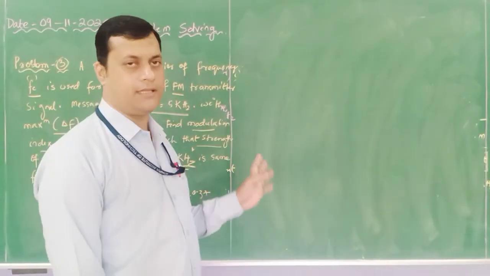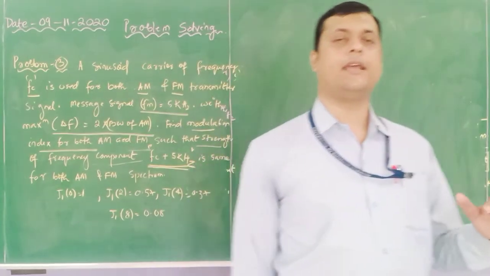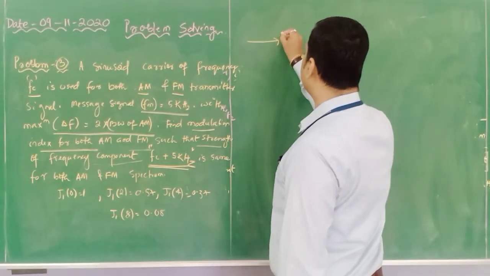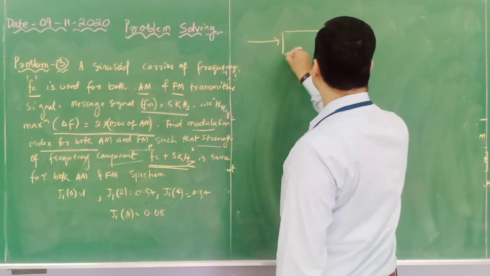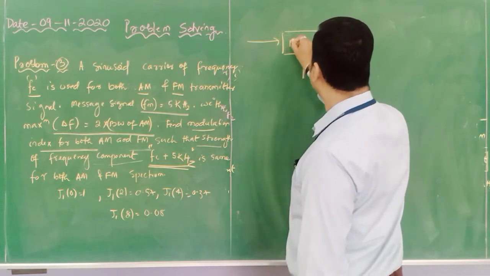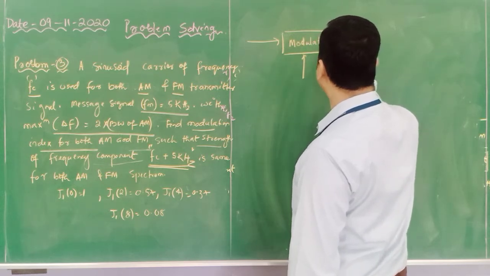Using this, we need to proceed to identify the modulation index for AM and FM. How to proceed? First we will analyze the modulator. Here I am not writing whether it is AM or FM.